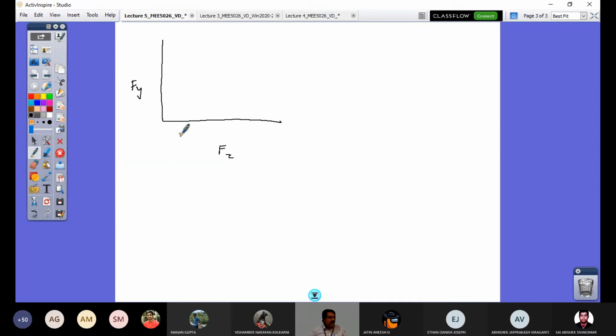The variation of Fy with the normal load would be like this. It's non-linear. So if I take any point here for a chosen single tire, this is my normal load, and I will have the corresponding lateral force developed, given by Fy. This is for a given slip angle. Given slip angle.